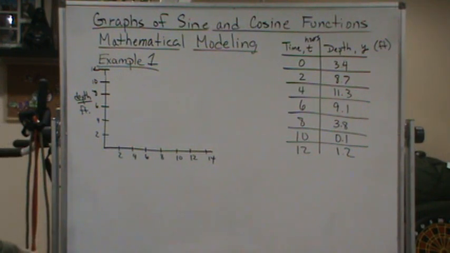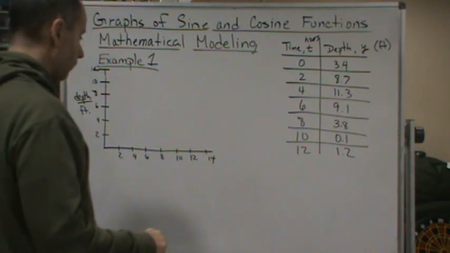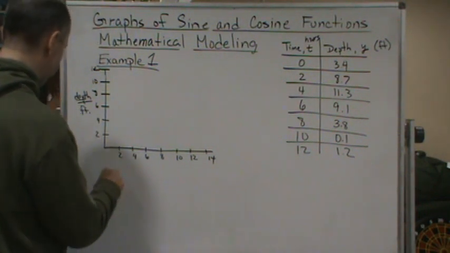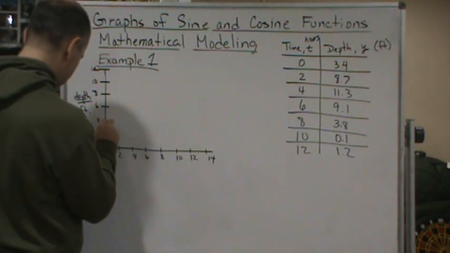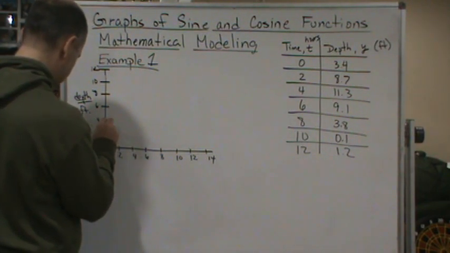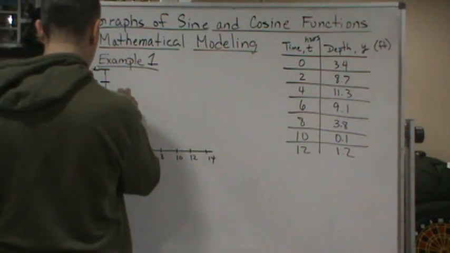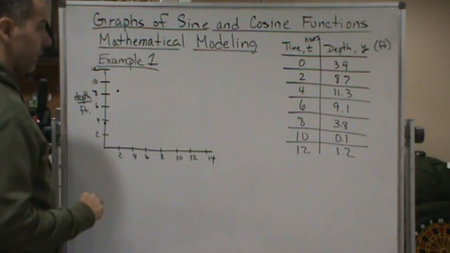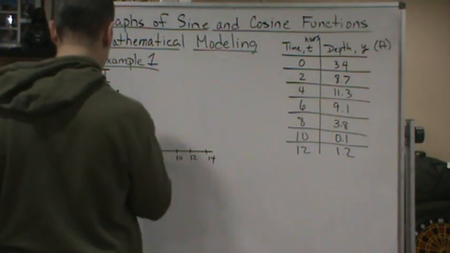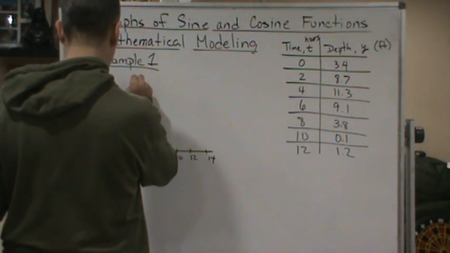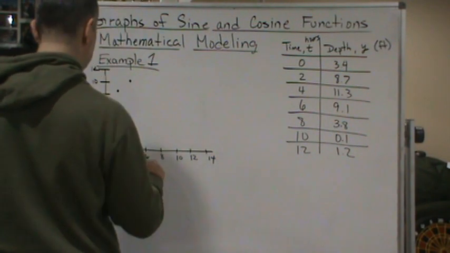At t equals 0, we're at about 3.4, so we're right about here maybe. And then at 2, 8.7, is maybe right about here. And then 4 is 11.3. And then 6 is 9.1.